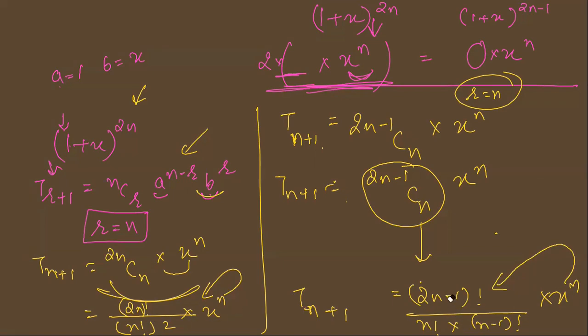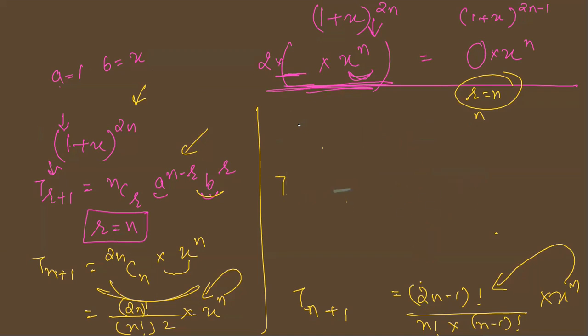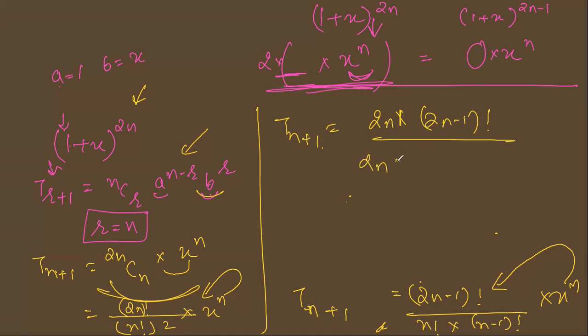So let me solve it further. What I will do in the second case, this one. So t n plus 1 is equal to, I am multiplying with 2n and also dividing it with 2n. Not 2n factorial, simply 2n, and n factorial times n minus 1 factorial.